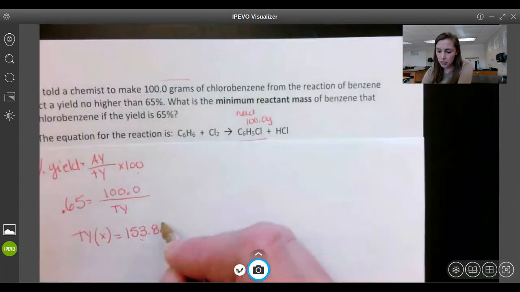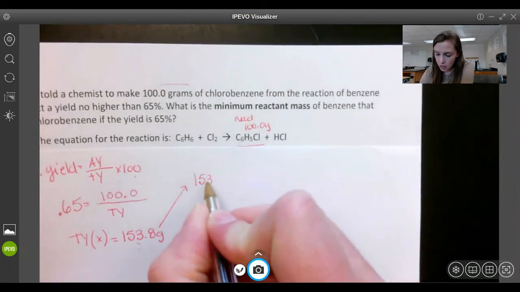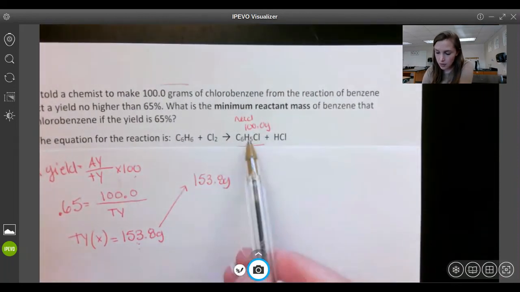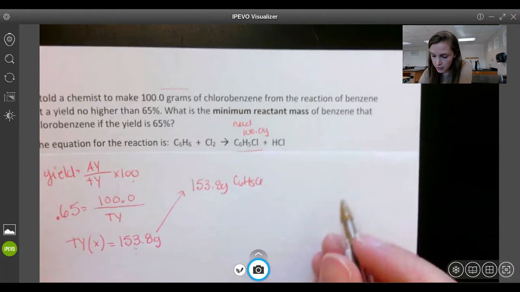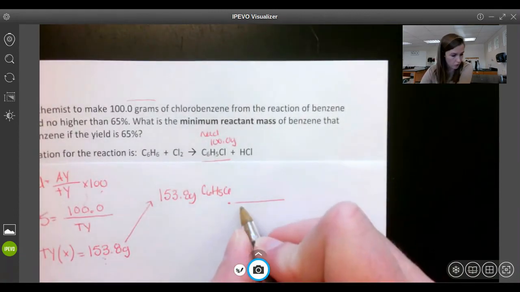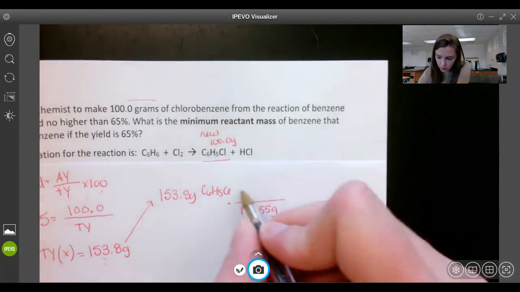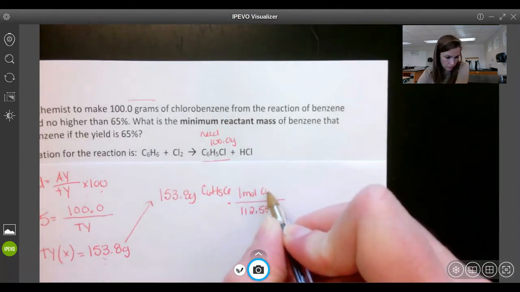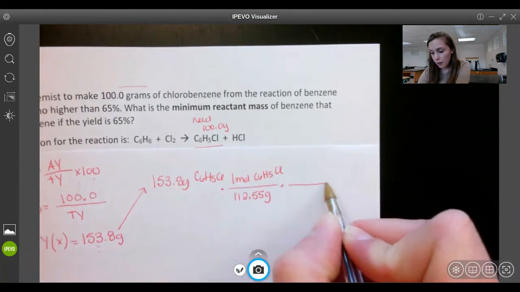So in this case, we're going to start our stoichiometry with that mass. So this is 153.8 grams, and this is based on this chlorobenzene, so this is my C6H5Cl. Then from there, it's just using our stoichiometry. I'm going to have my molar mass, which is 112.55 grams, and that's 1 mole of my C6H5Cl, so my chlorobenzene. Okay, I'm working backwards here.